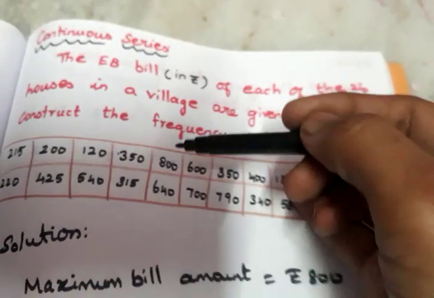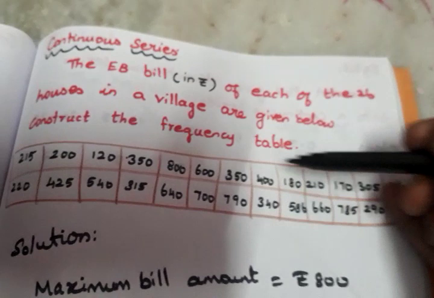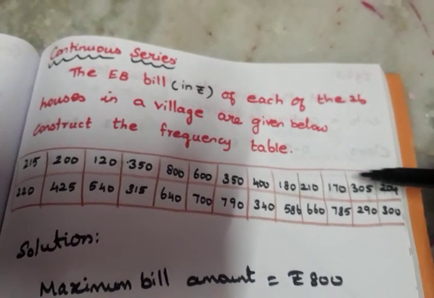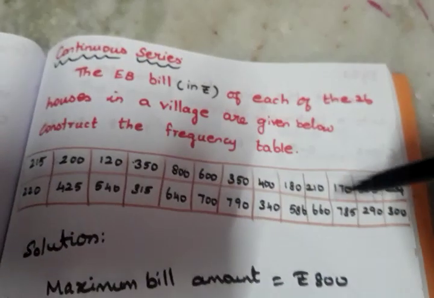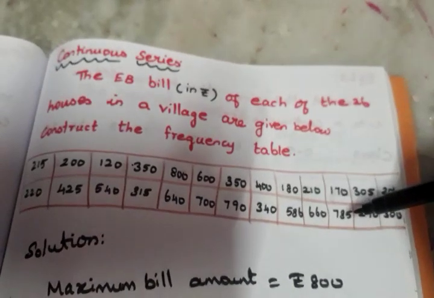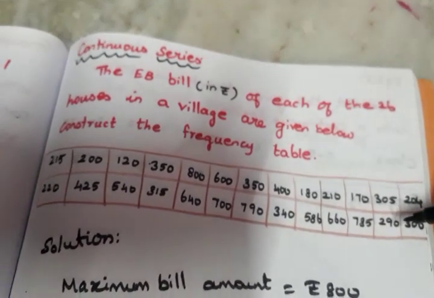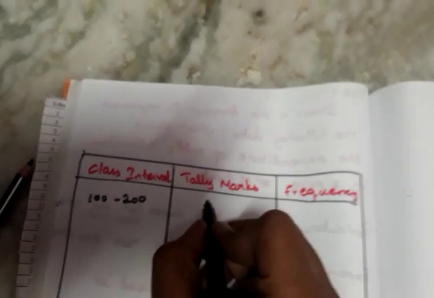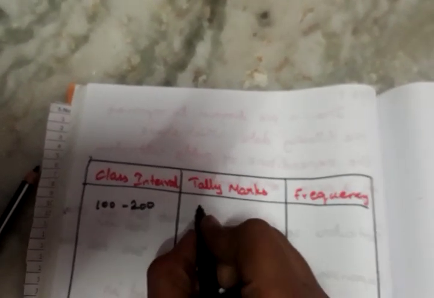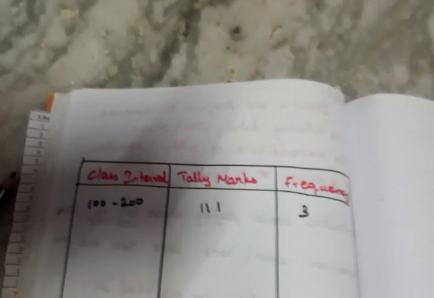How many houses in 100 to 200? 1, 2, 3. So 3 houses have a bill amount of 100 to 200.